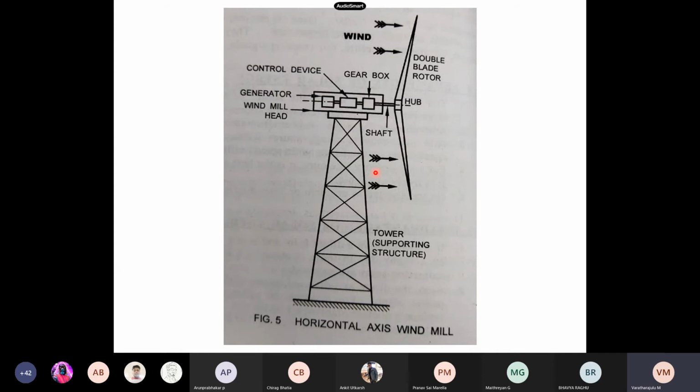We are trying to utilize the natural source by providing fan structures, and that's all about it.